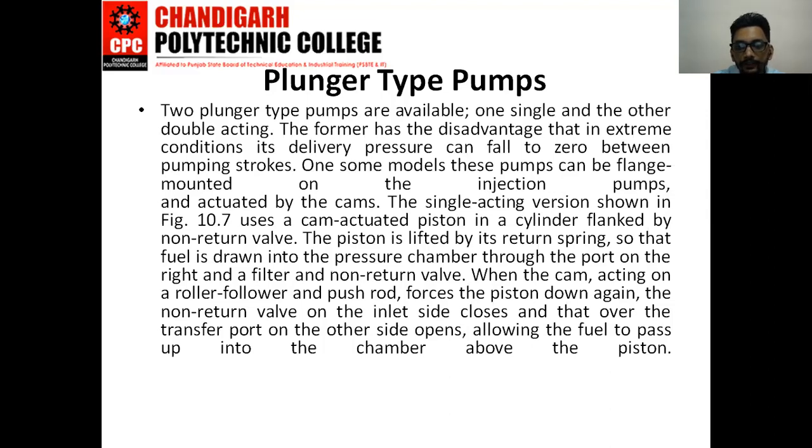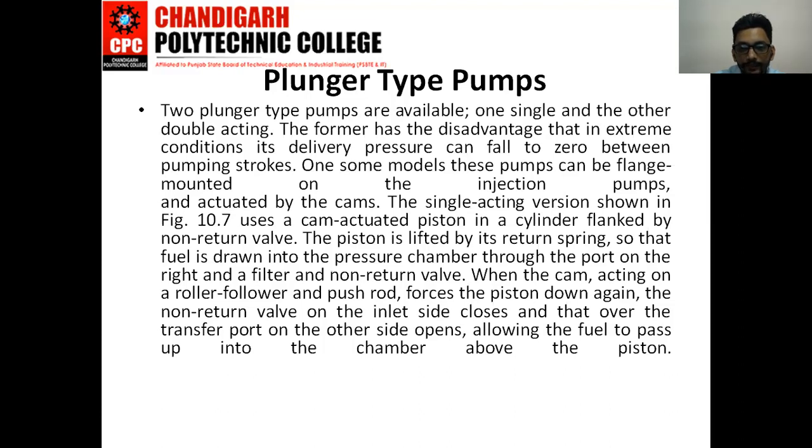The single acting version shown in figure 10.7 uses a cam actuated pump in a cylinder flanked by a round non-return valve. The piston is lifted by its return spring so that fuel is drawn into the pressure chamber through the port on the right and a filter and non-return valve.